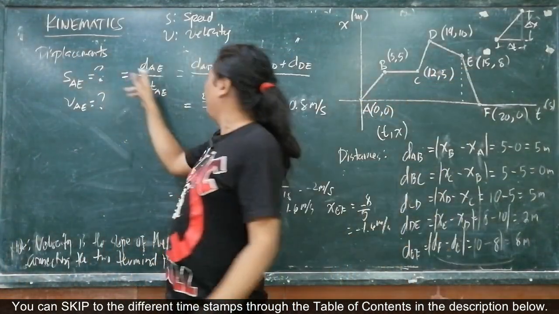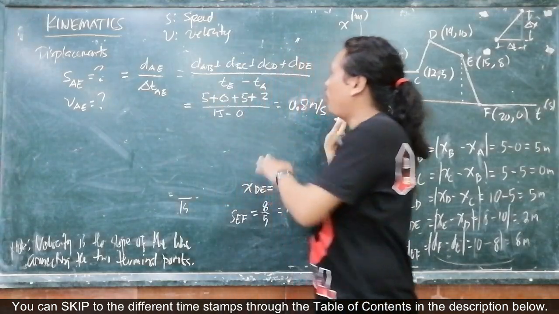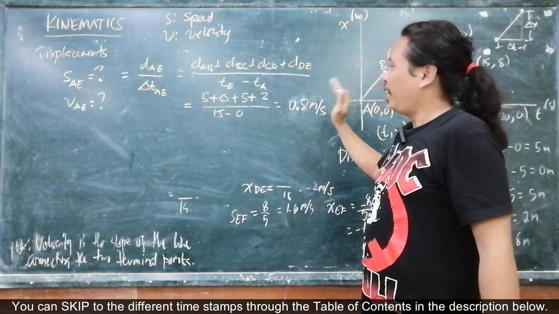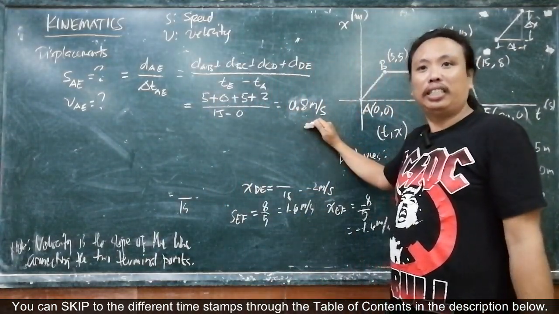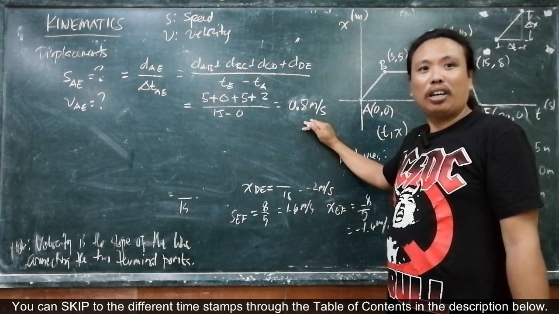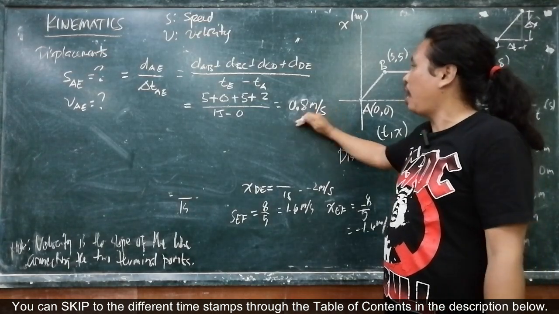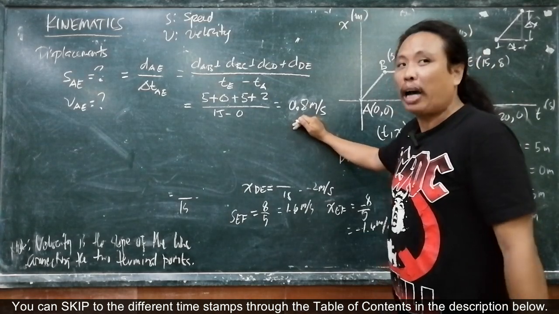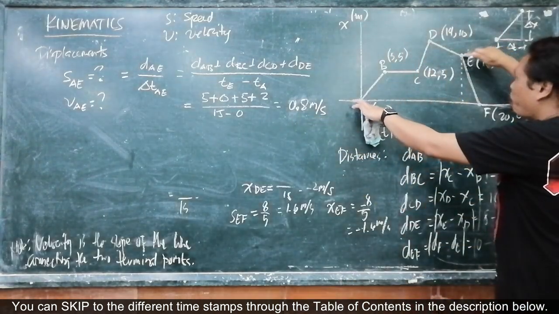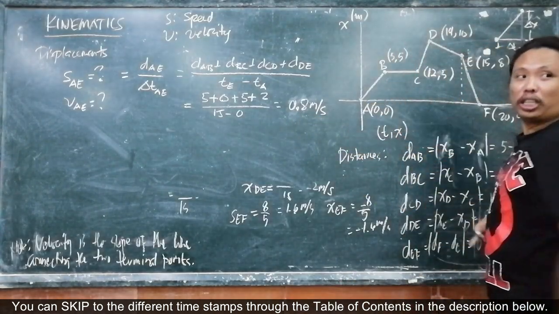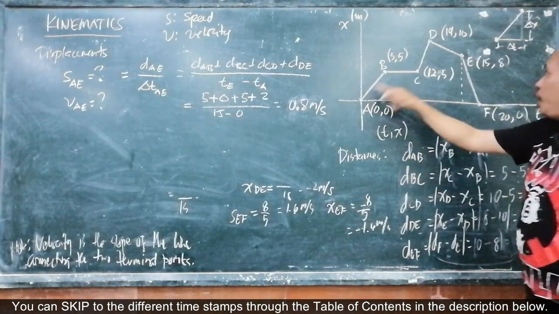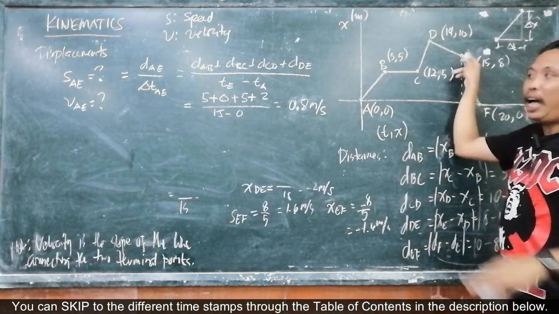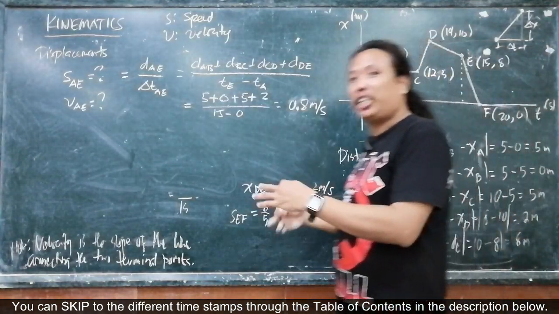That's why we have to add all of this. This is what we call an average speed, from point A to point E. Why? Because in going from point A to point E, we have gone through many changes.